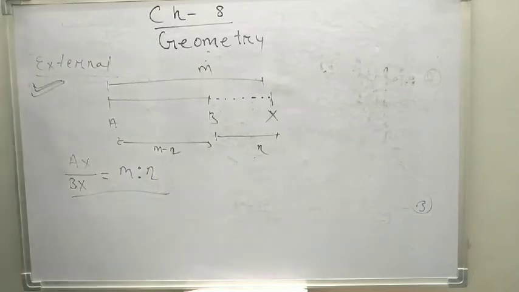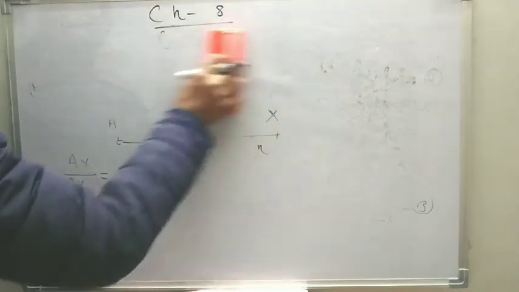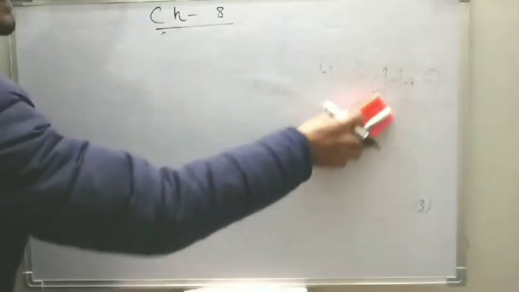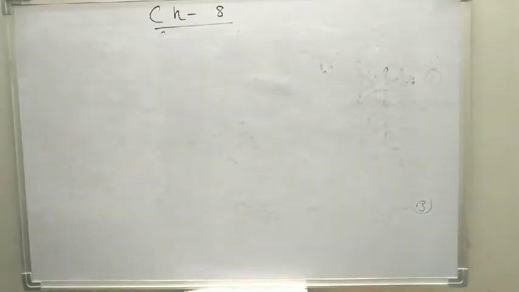Look at the question number 9 of the exercise 8. What is the question number 9 on the exercise 8? If a straight line 9.6 centimeter in length is divided internally in the ratio 5:7.